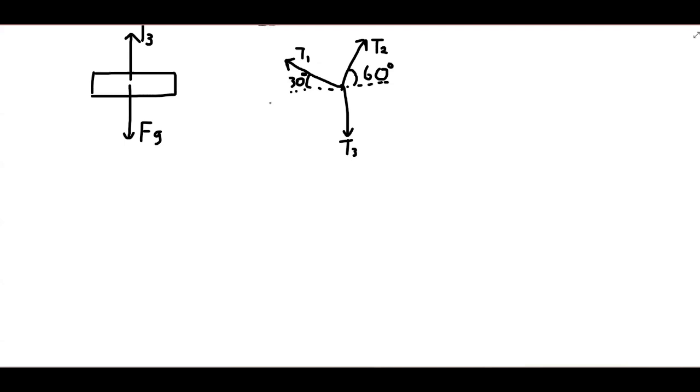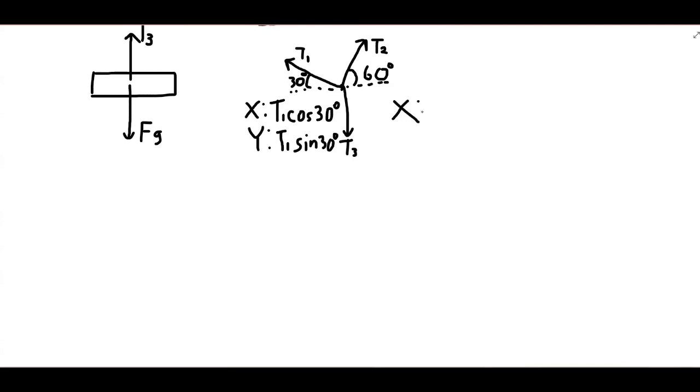So you have T1 cosine of 30 degrees here, and y is T1 sine of 30 degrees. Likewise for T2, I need to break this into x and y components.